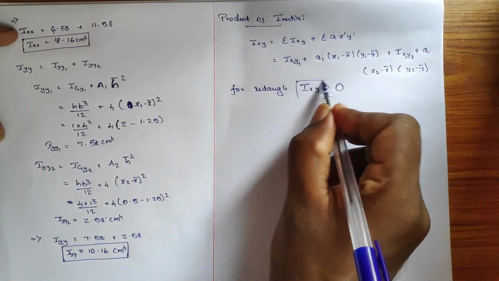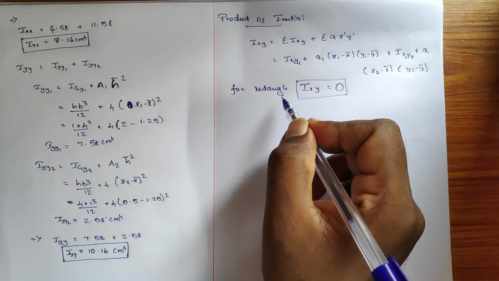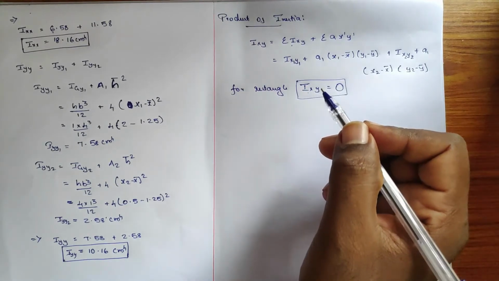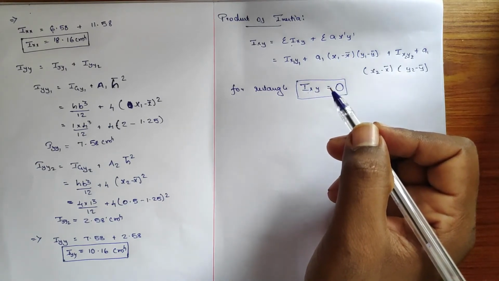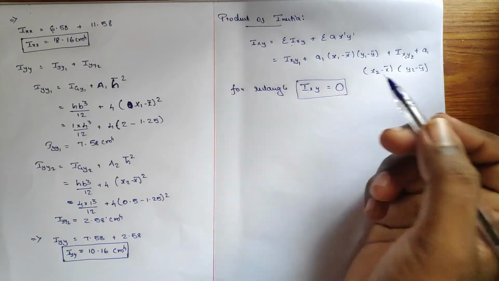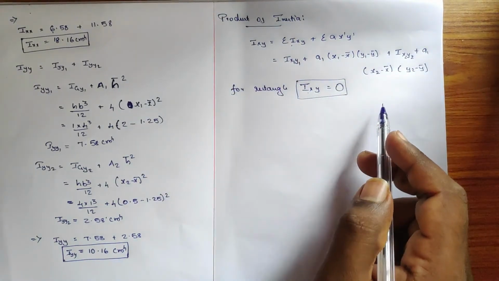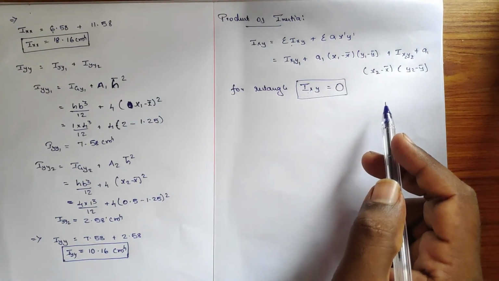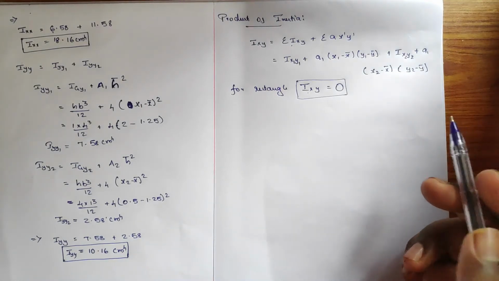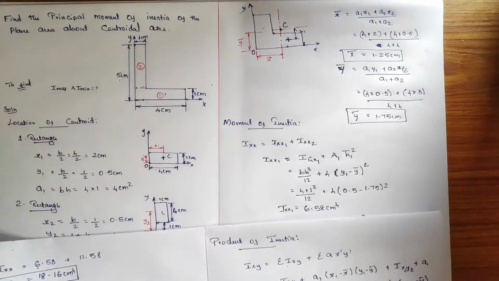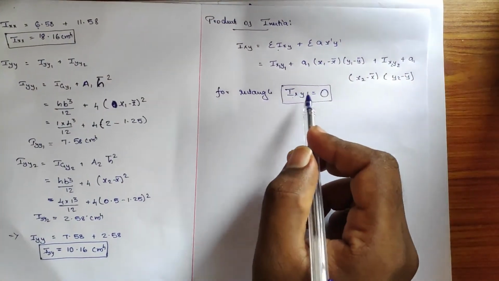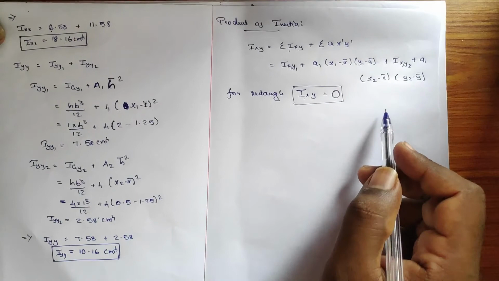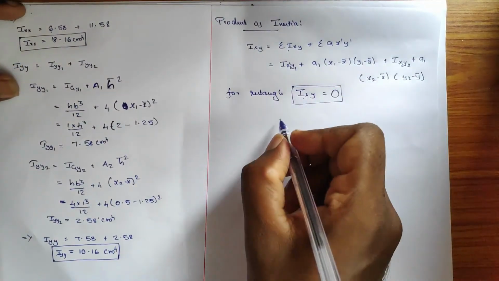As well, for the rectangle, semicircle, square, circle, for such kinds of shapes it is 0. Only the right angle triangle has a product of inertia, which is b square h square divided by 72. So here the two components are rectangles, so the product of inertia is equal to 0. Both the terms will carry as 0.